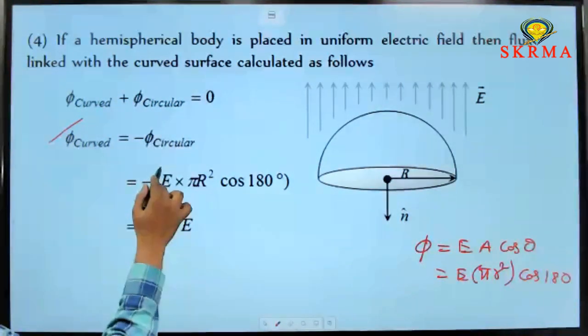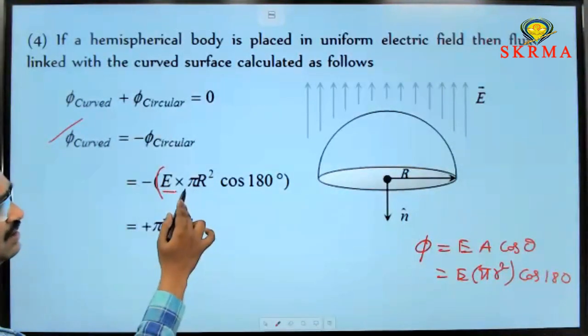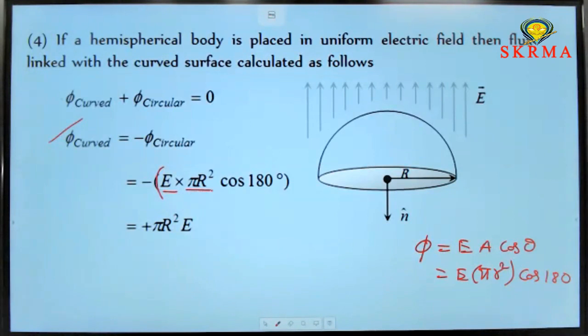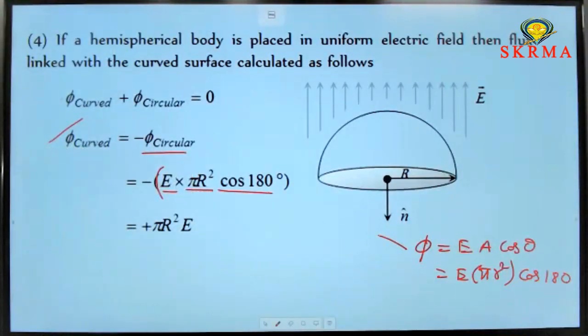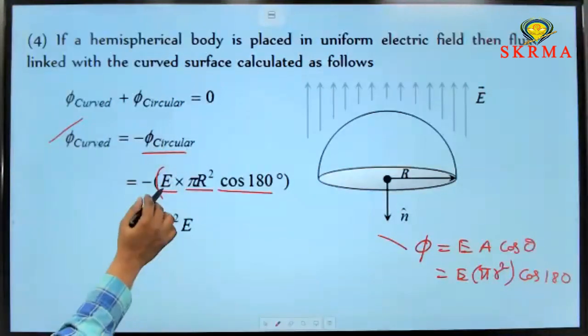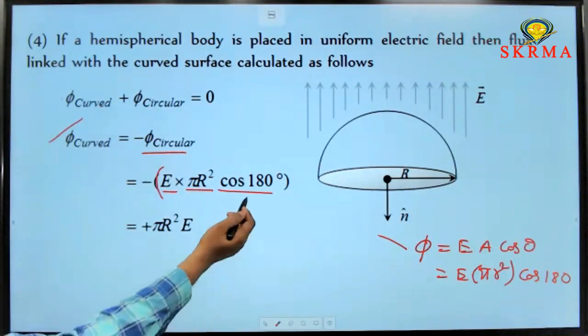Minus is there, so you have to put minus next to E. This is E, this is pi r square as the area, and the angle is 180 degrees. Cos 180. So for the circular surface, this is the flux: E A cos theta. Just substitute the values. E into A is pi r square, and cos of the angle is cos 180, which is minus 1.